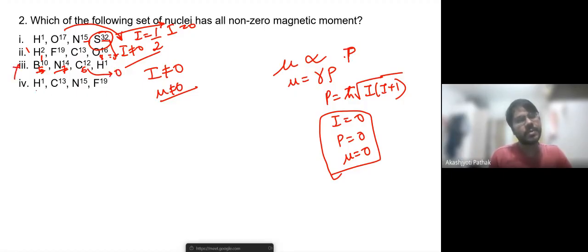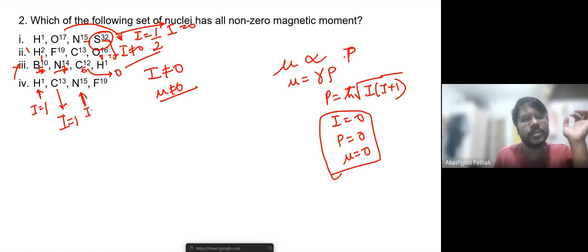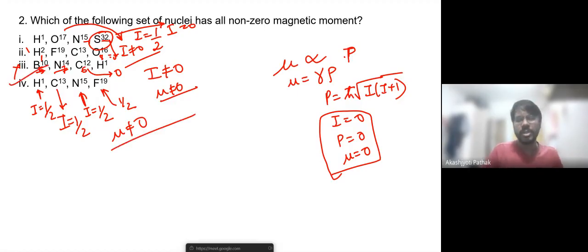But if you see option number 4, here the I is half for the proton. C13 is half, N15 is half, and F19 is half. If they have spin quantum number not equal to 0, then their magnetic moment will also be not equal to 0. So option 4 is correct.